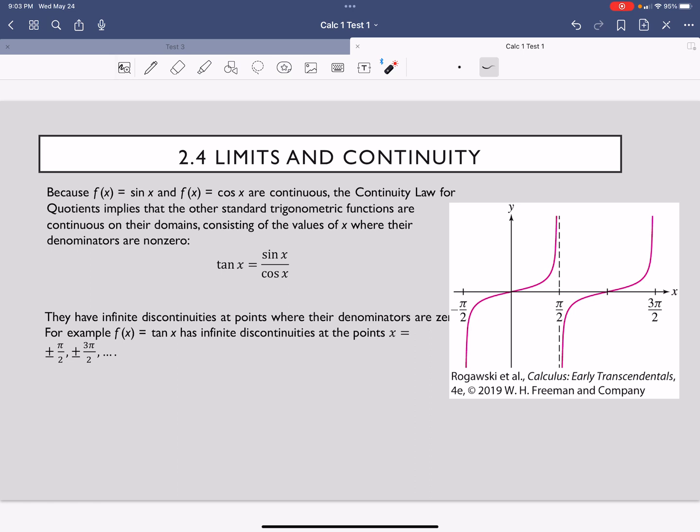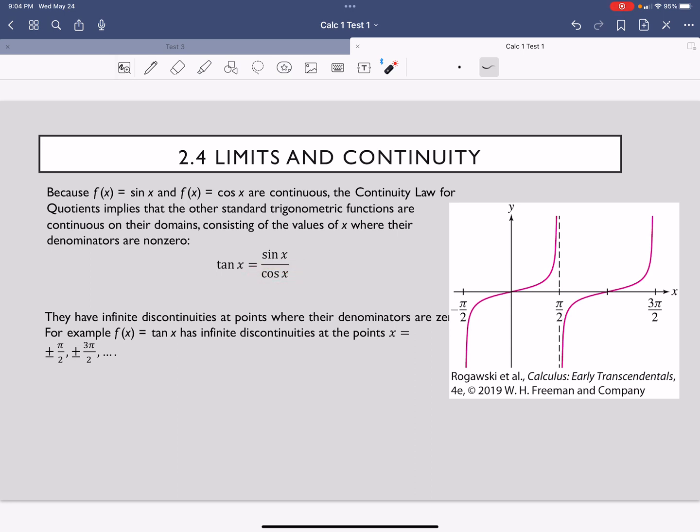So the domain of tangent of x is undefined anytime that cosine of x is equal to 0. And I'm not talking about x being 0. I'm talking about the cosine of x being 0 because our denominator cannot be 0. So here we are looking at all of the values where our denominator is not 0.